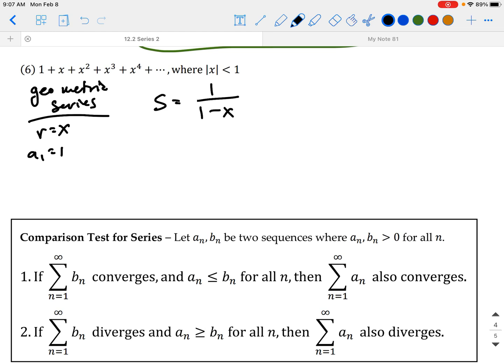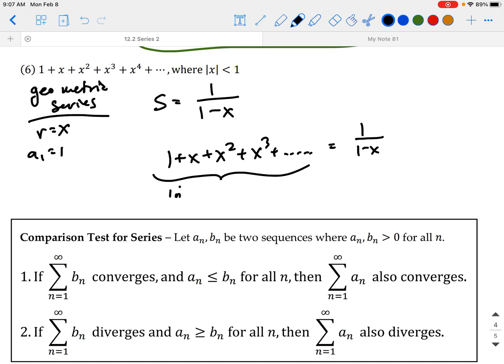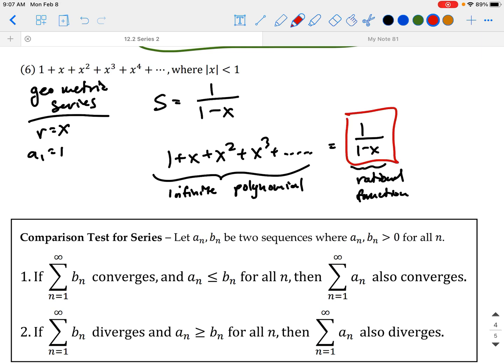But we should note something here that is pretty spectacular. So on the left, we have this infinite polynomial, right? So x is some variable between -1 and 1. And on the right, we've got a rational function. So what we're saying here is that this rational function can be approximated by a polynomial, right?